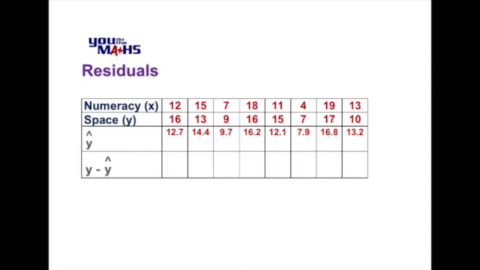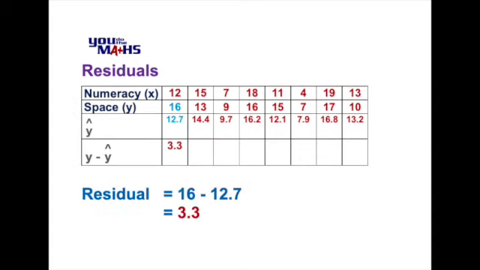So in the first case, it's 16 minus 12.7 gives a residual of 3.3. Now whilst we are looking for a random scattering of positive and negative residuals, it is worth noting that in this table the numeracy scores are out of order. So we do have to be careful, if we're looking for that feature of random scattering of residuals, that our numeracy scores are also in numerical order.